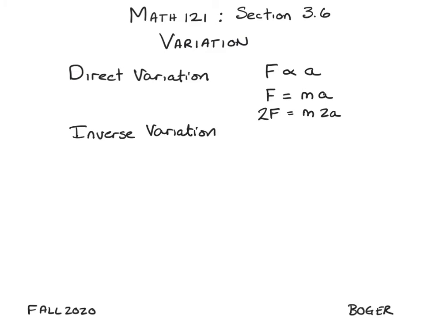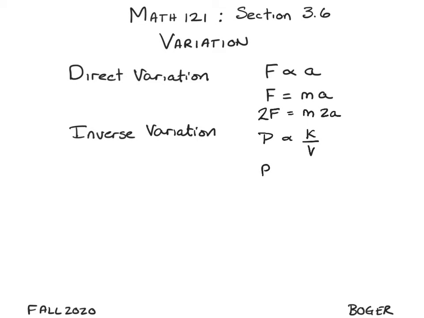Then inverse variation. That's going to be something like pressure is proportional to a constant divided by volume. So in this case, if I were to double the volume, I'll cut the pressure in half.